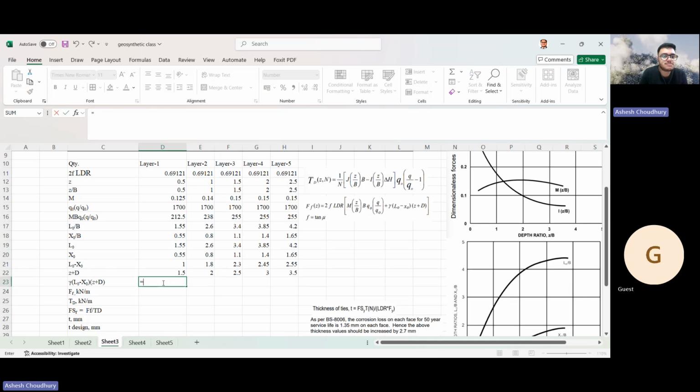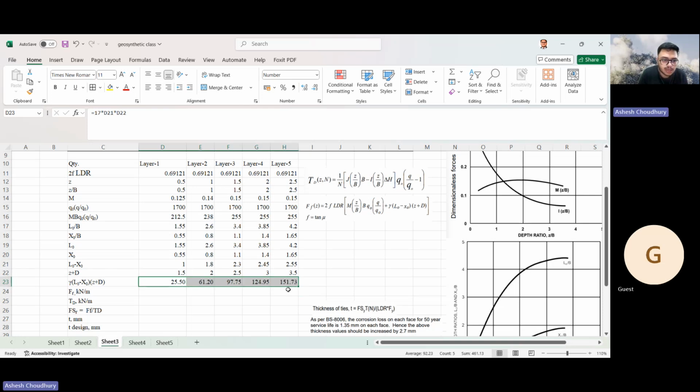Now gamma times L naught minus X naught times Z plus D. What is the gamma? 17. So 17 times L naught minus X naught times Z plus D.